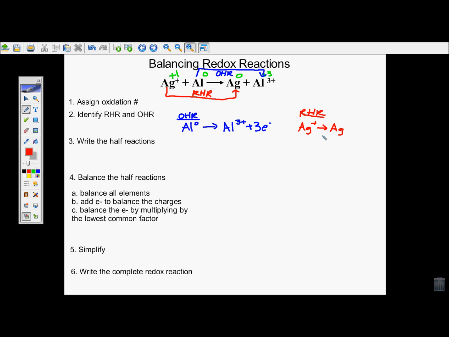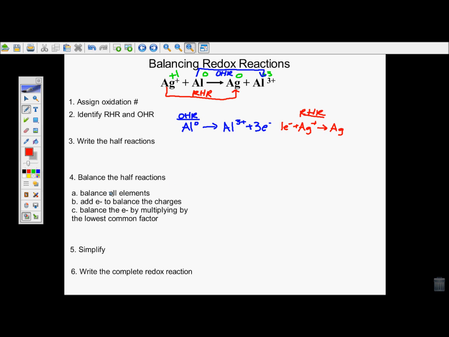Once again, the elements are already balanced, but our charges are not. We got +1 here and 0 here. So we've got to add 1 electron here to cancel out our positive. So this is our oxidation half reaction and our reduction half reaction. I kind of squeezed these in because we don't have a lot of space on this paper, but you do want to make sure you leave plenty of room on your half reactions to add the electrons on either side.